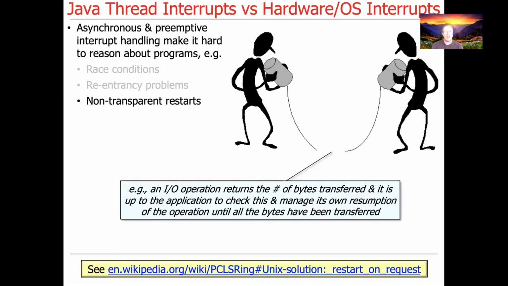Yet another thing that often happens is that some system calls, called slow system calls, cannot be transparently restarted. A good example would be an I/O operation that gets interrupted. It may return, and you may have to restart the operation if you want to have all the bytes read. You can read more about these kinds of problems in the links at the bottom of the slides.